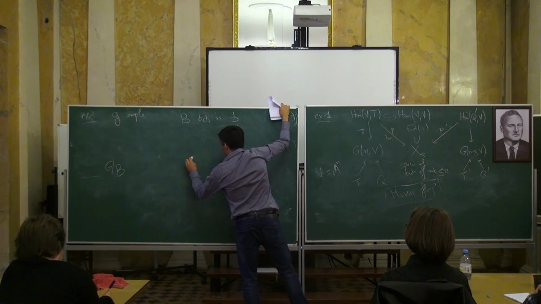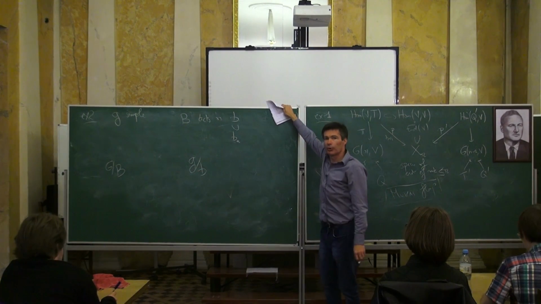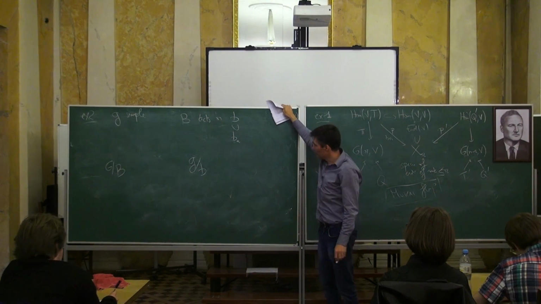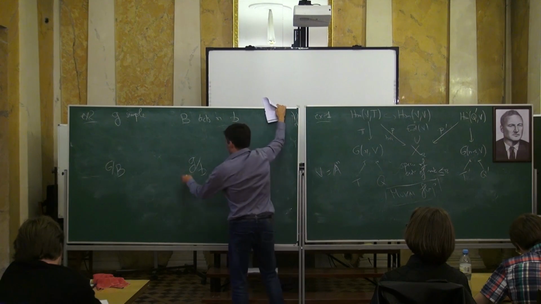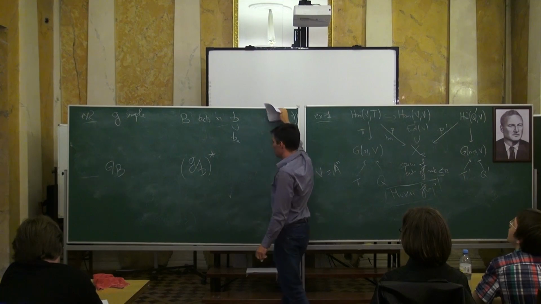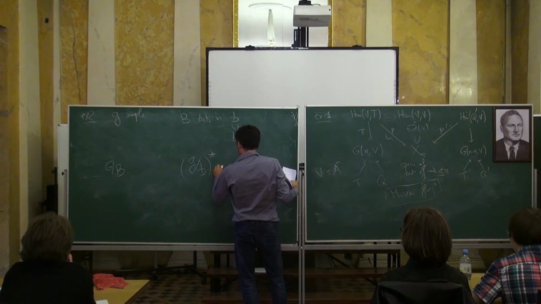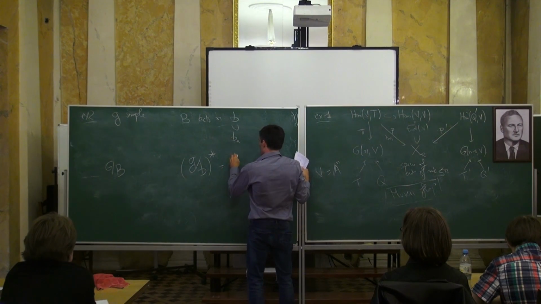And so I have the tangent bundle of G mod B. And if I'm interested in the cotangent bundle, the dual to a quotient is just the orthogonal to B.